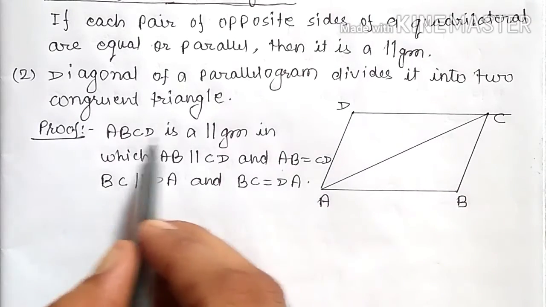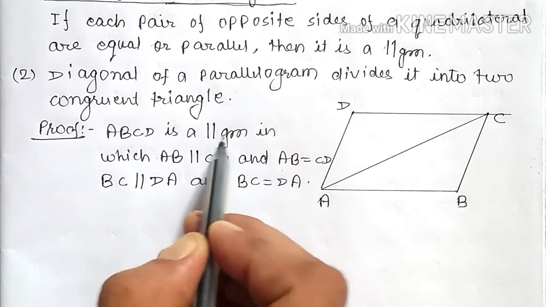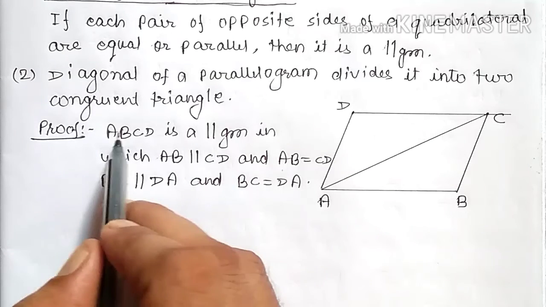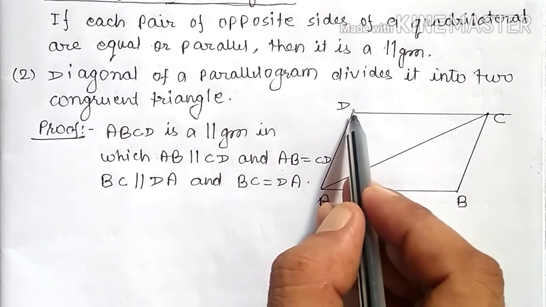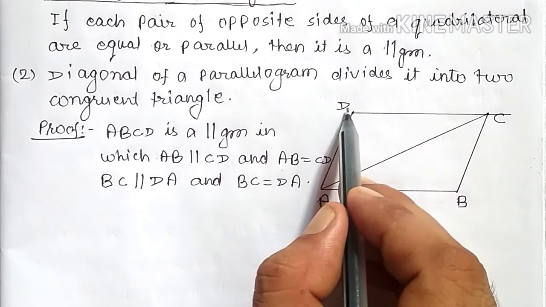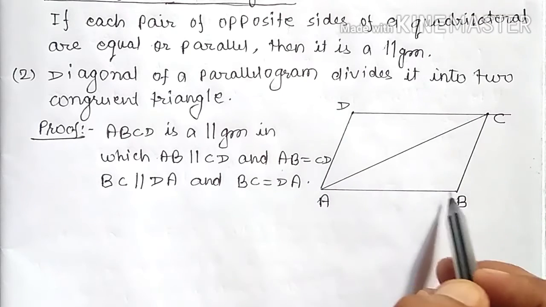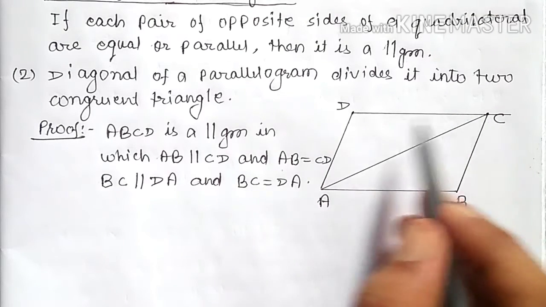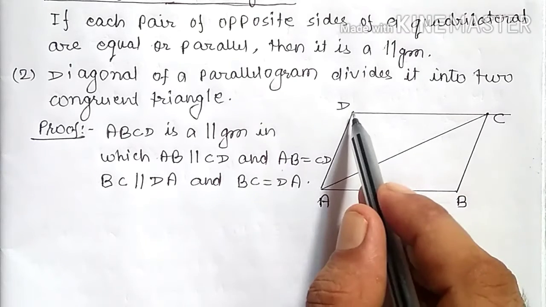ABCD is a parallelogram. This is the symbol of parallelogram. ABCD is a parallelogram in which AB parallel to CD and AB also equal to CD, BC parallel to DA, and BC also equal to DA.